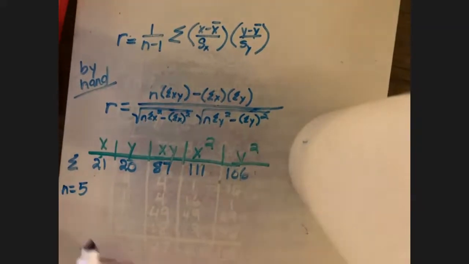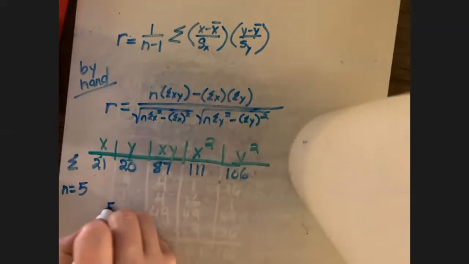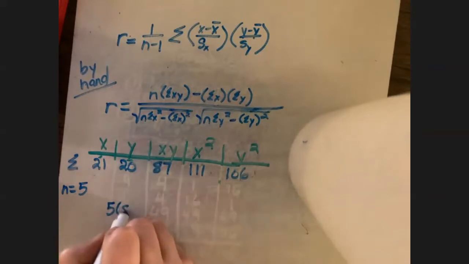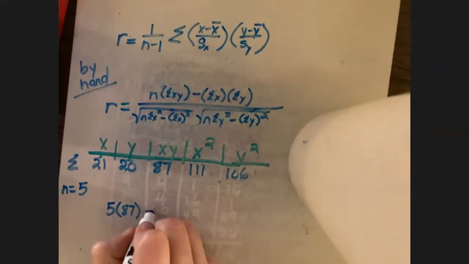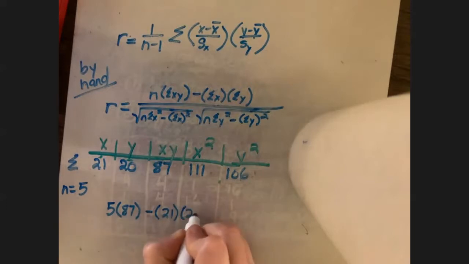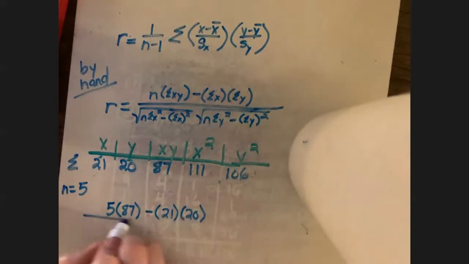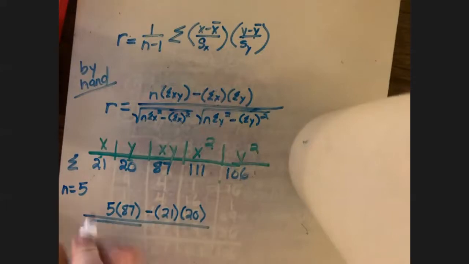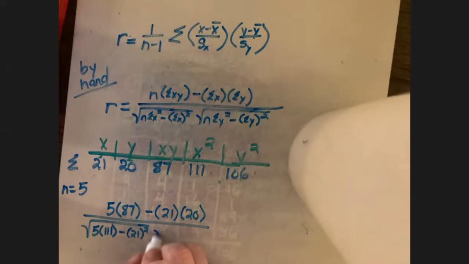So now plugging into the formula, we're going to have 5 times 87 minus 21 times 20, over the square root of 5 times 111 minus 21 squared, times another square root with 5 times 106 minus 20 squared.